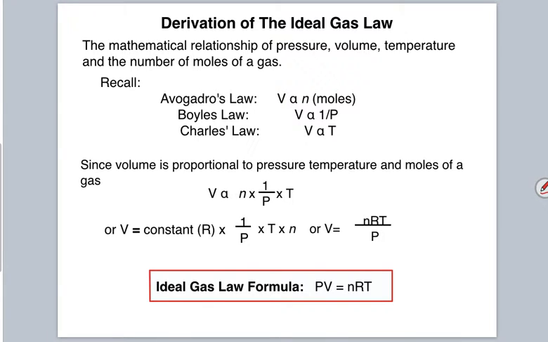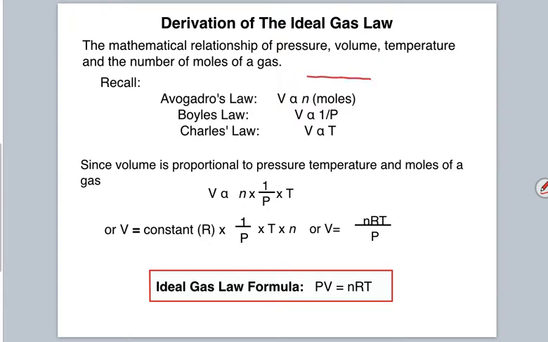That's why balloons work. Boyle's law said that the volume of a gas varies indirectly with the pressure of a gas. And so, as the volume increases, pressure decreases. The third one we looked at was Charles' law. Charles' law looks at the relationship between volume and temperature, and says that the volume of a gas is proportional to the temperature of a gas.